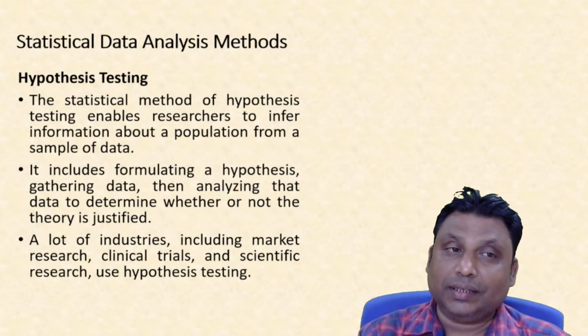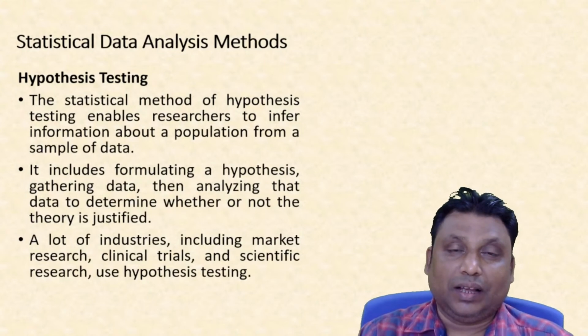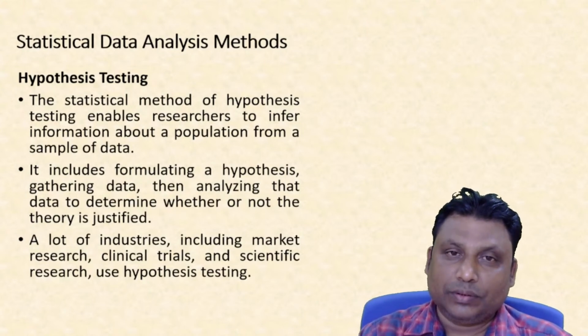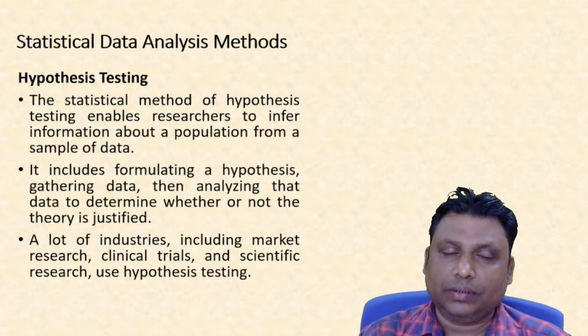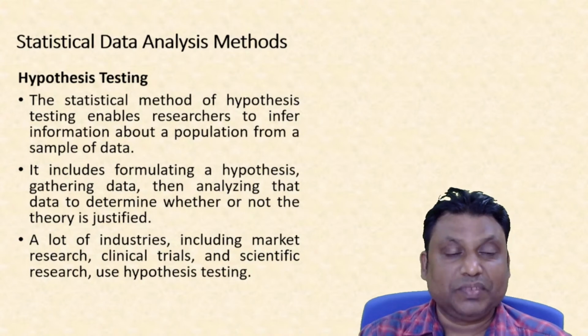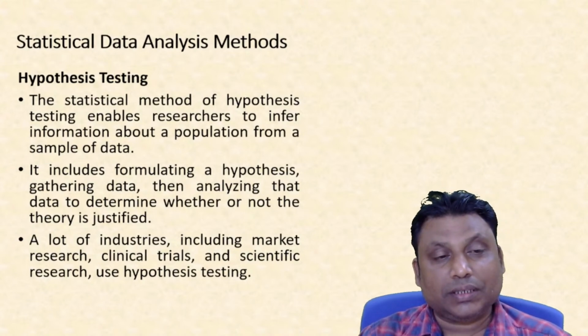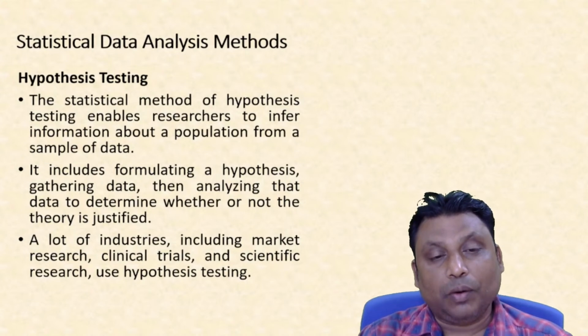Then the third one is hypothesis testing. After you find out the mean or average value, then you find out the regression value, then another analysis is required. This is hypothesis testing. The statistical method of hypothesis testing enables a researcher to draw information about a population from sample data.